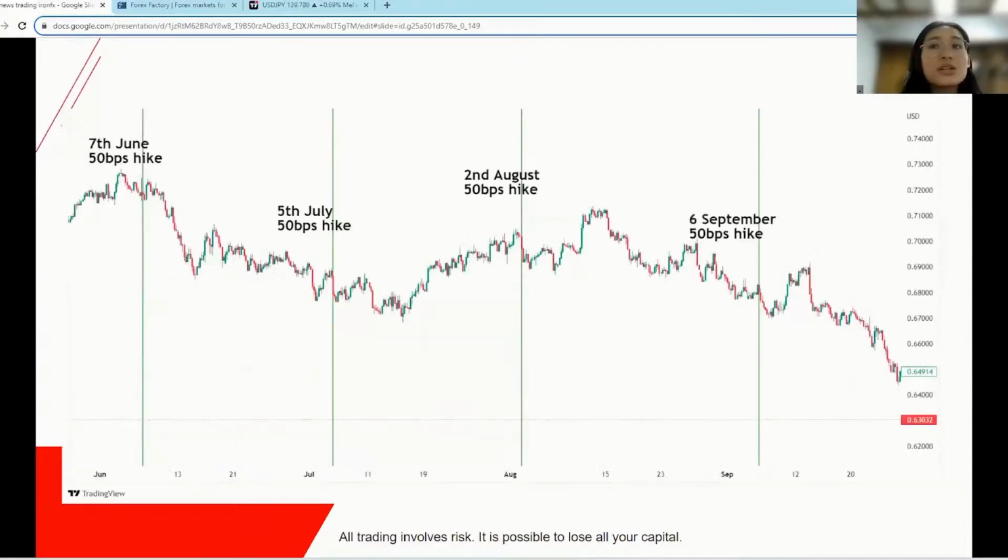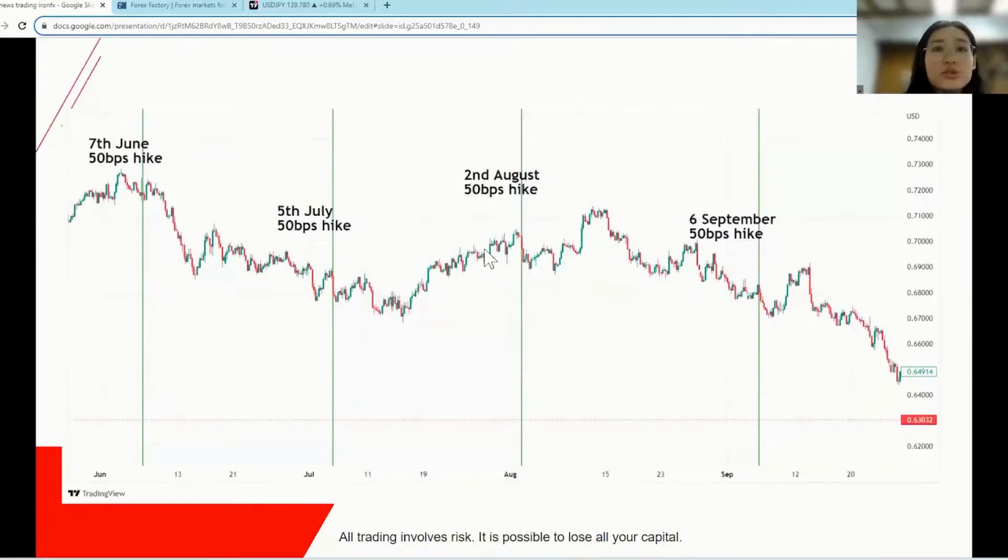Okay, so here's an example. This is from last year, but on 7th June, there was a 50 basis points hike. You can notice the effect of this data release on the market. And then on 5th of July, another 50 basis points hike and price continued to drop.